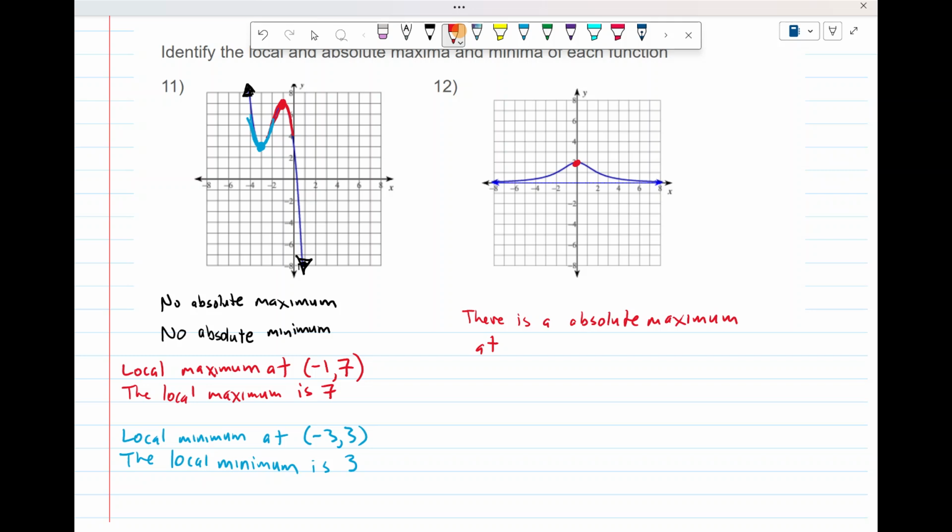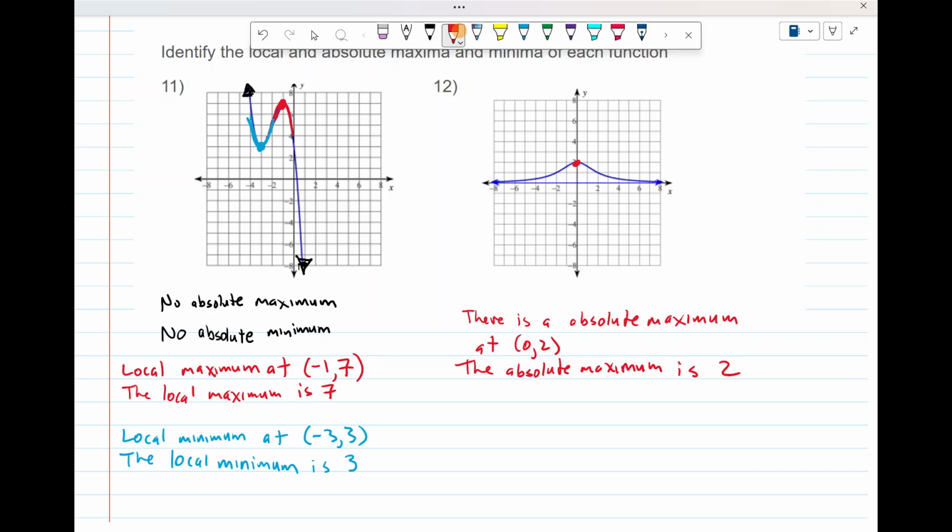And that is at 0, 2. And that's where the absolute maximum occurs. The absolute maximum of the function is 2, right? That's the largest possible number. That's the largest possible output of this function.